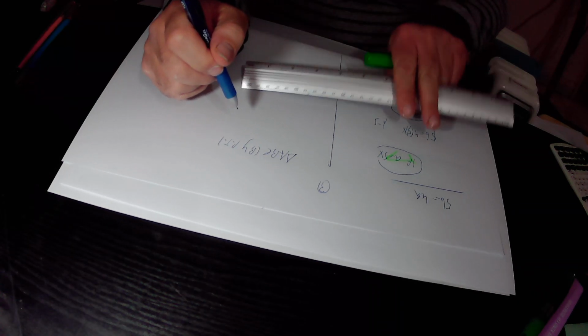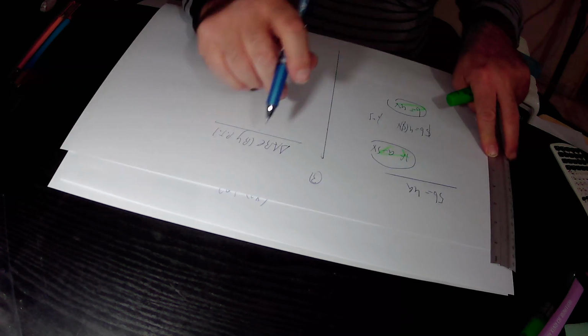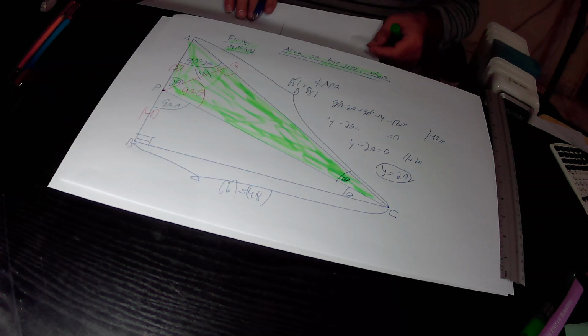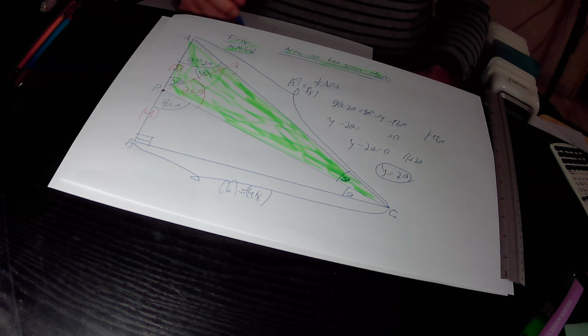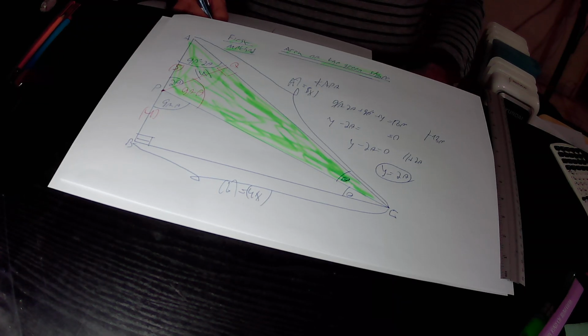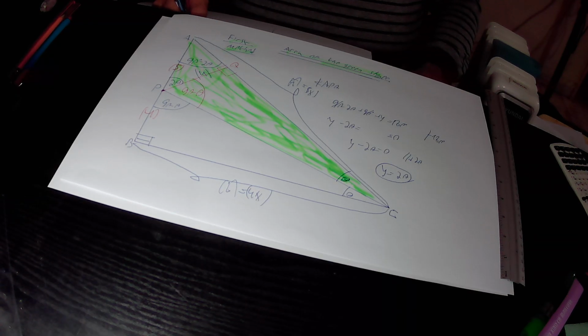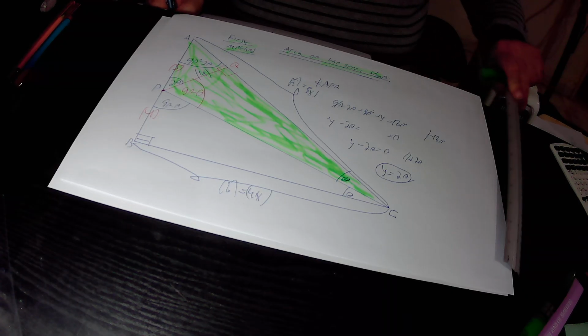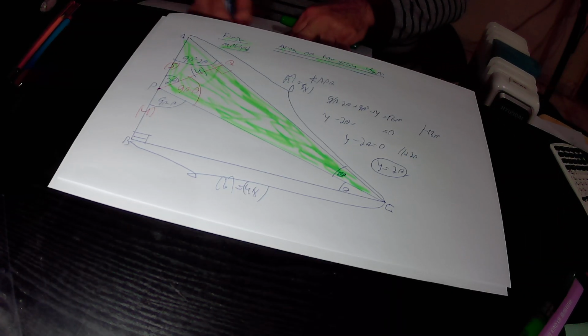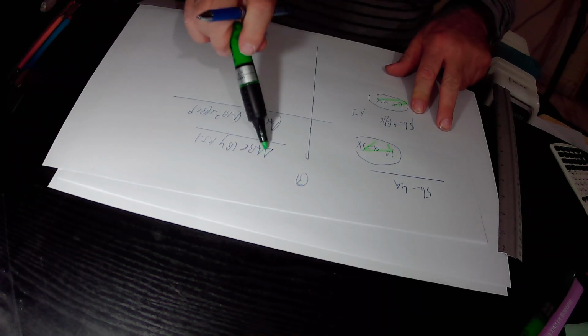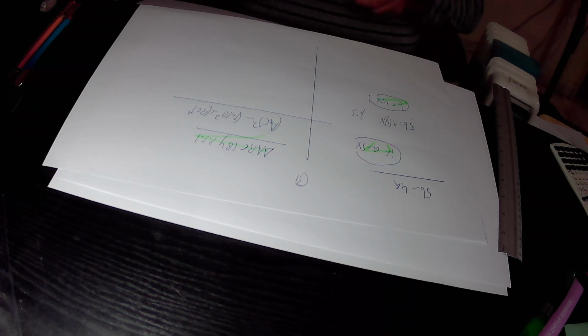So according to the Pythagoras theorem, in this big right triangle ABC, AC squared, the square of the hypotenuse, equals AB squared plus BC squared.